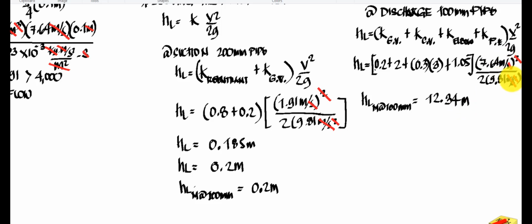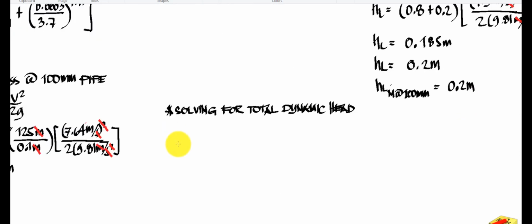Now solving for the total dynamic head, so writing the equations, we have TDH. Okay, so we have the change in elevation from point 1 to point 2, then plus the 1/2, no? Velocity 2 squared minus the velocity 1 squared divided by 2 times the gravity, plus the pressure head.